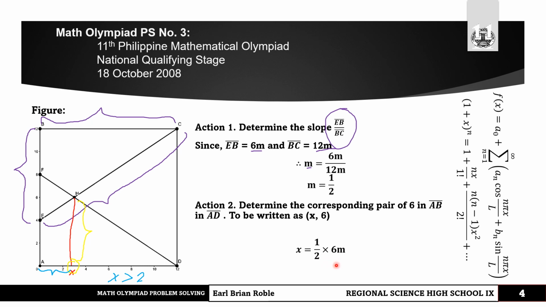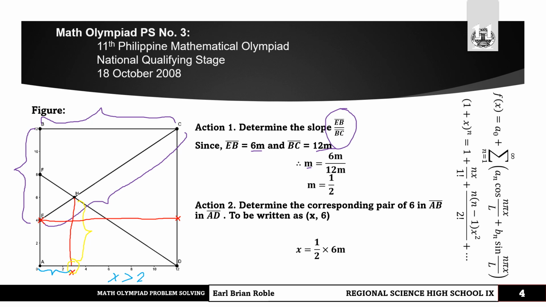How is that? Because if we are to draw a line segment here, this exactly divides this figure into two new parts. And we can get this because we know that slope is rise over run.